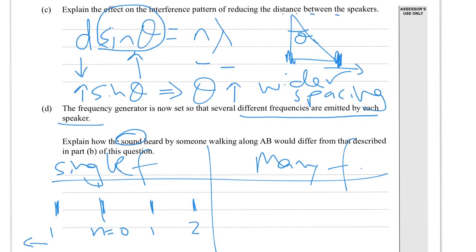With many frequencies playing, at your central position, at your n equals 0, you're going to get all of those frequencies being played, but at every position further out, you're going to get a spectrum of frequencies.